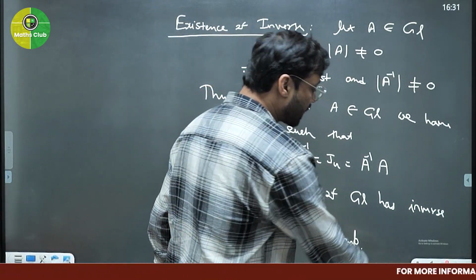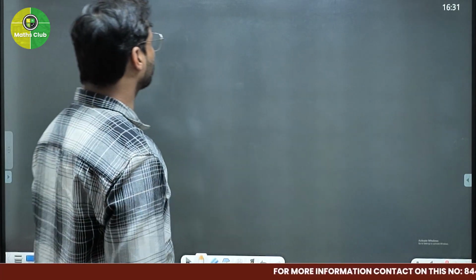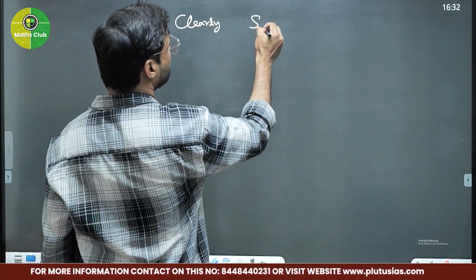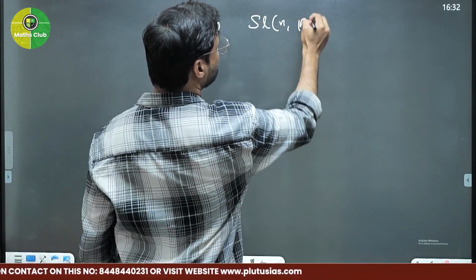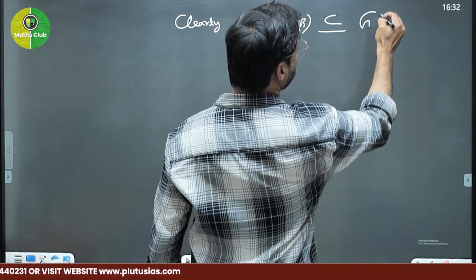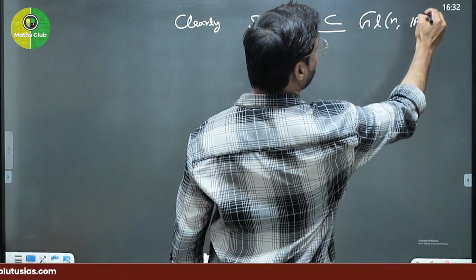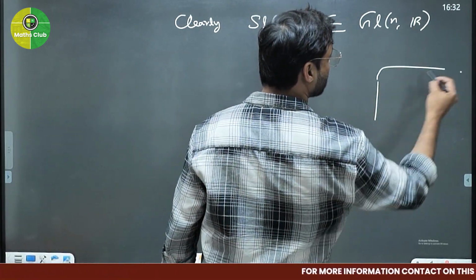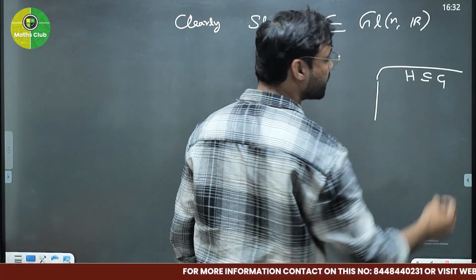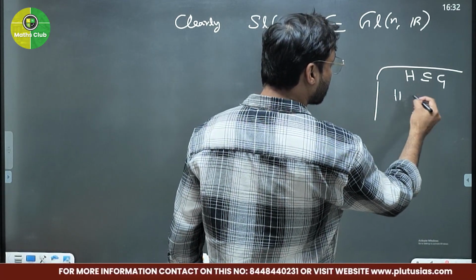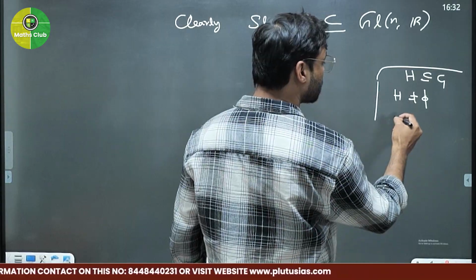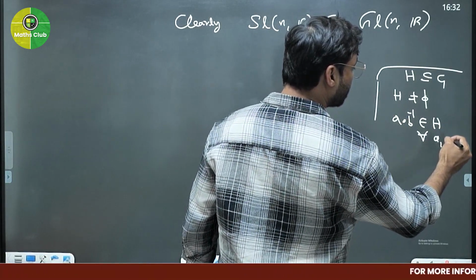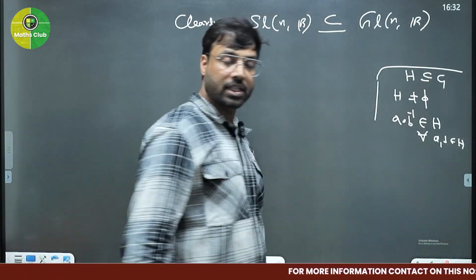Now second, we have to show that SL is a subgroup. Clearly SL(n,R) is a subset of GL(n,R). To show a subgroup, we know what we have to do: if G is a group and H is a subset of G, first we have to show that H is non-empty, and then show that A operation B inverse belongs to H for all A, B belonging to H, then H is a subgroup.